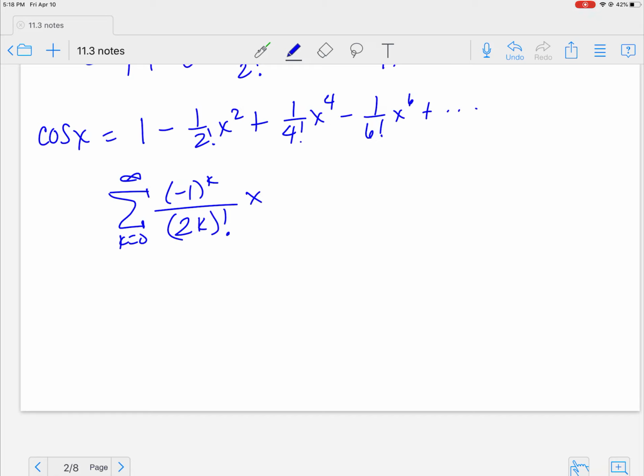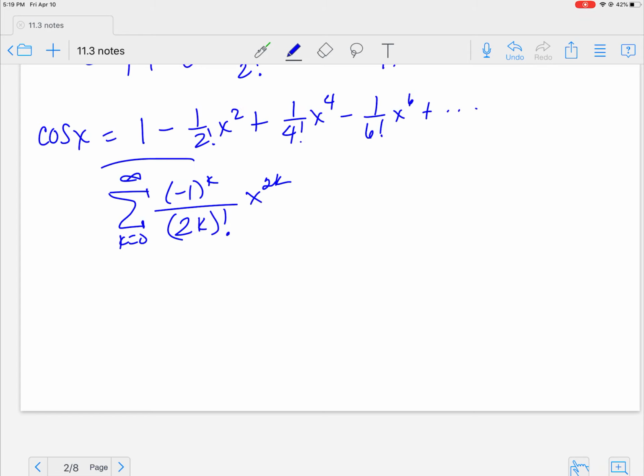Then x. I know this is Maclaurin, so technically this is x minus 0, which you don't have to write. But what do you know about the exponent of x? It's even also.